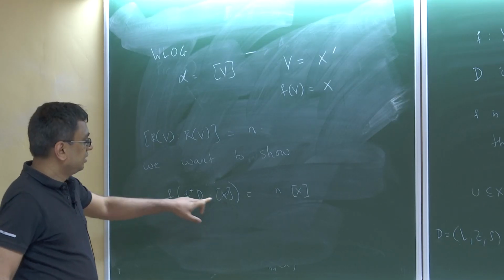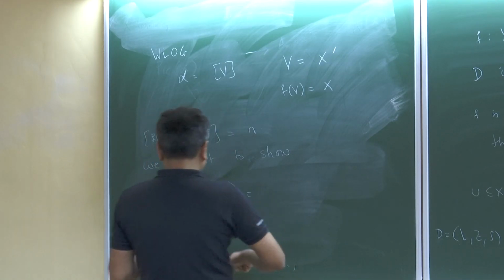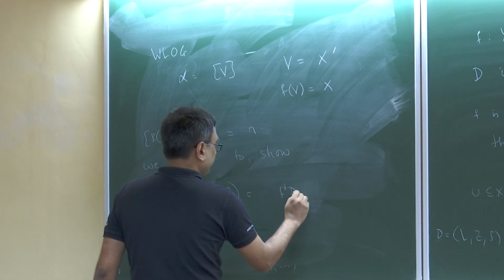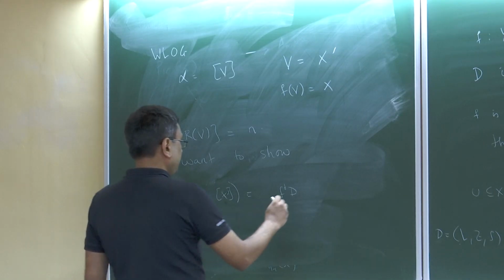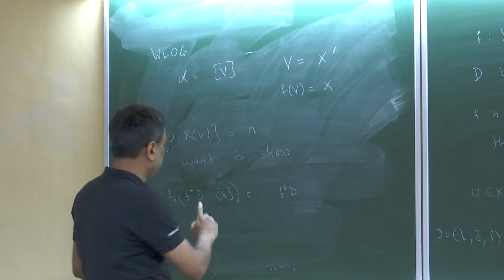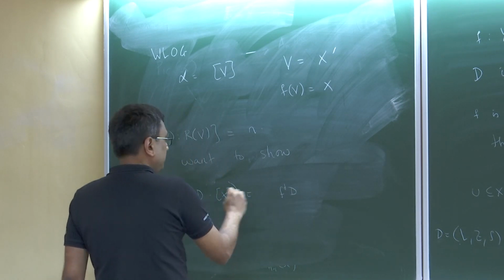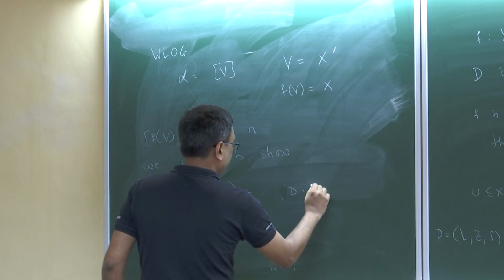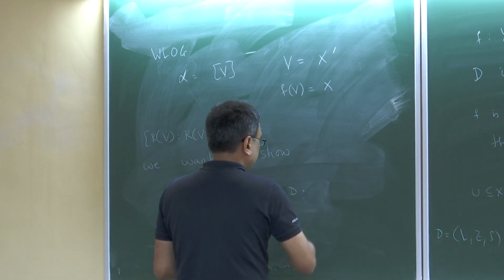So this is my alpha. Let me write down the intermediate step also. Sorry, I jumped one step. This I want to show is D dot the fundamental class of the push forward f lower star of X prime.